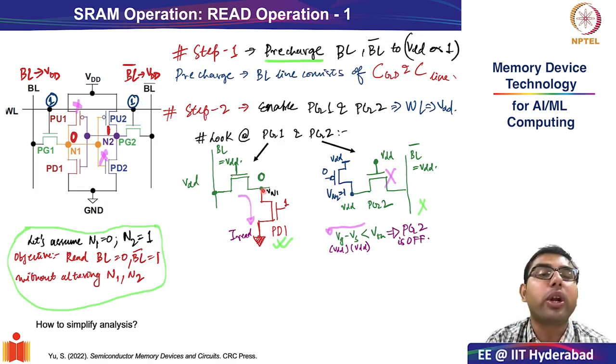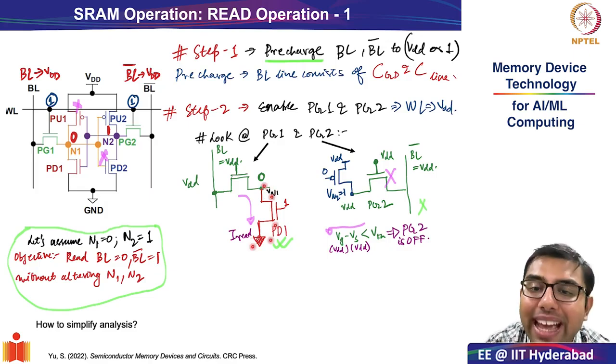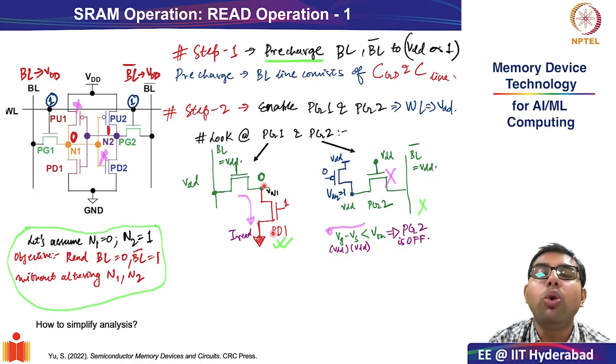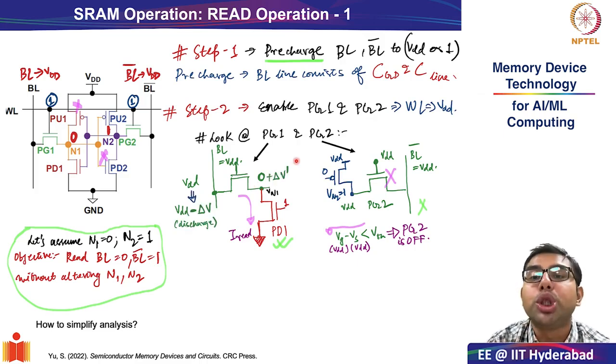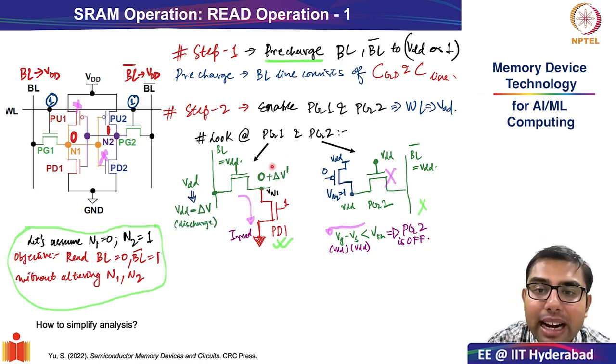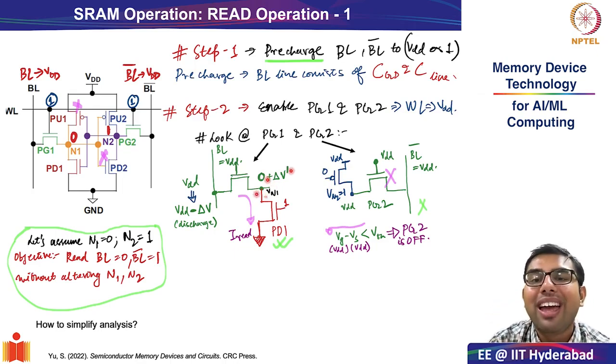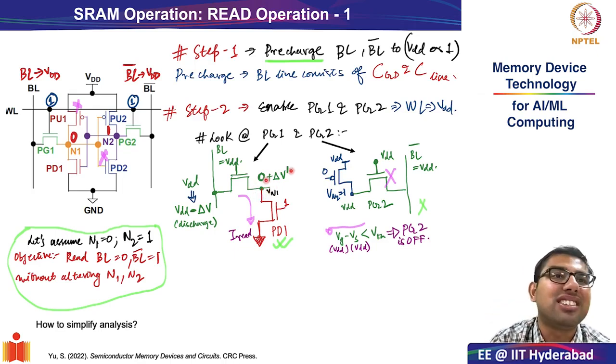There has to be a potential difference between VN1 and the ground which is connected to the source of PD1. And this is what shows up as a plus delta V dash, a small voltage that appears on the drain of this transistor.